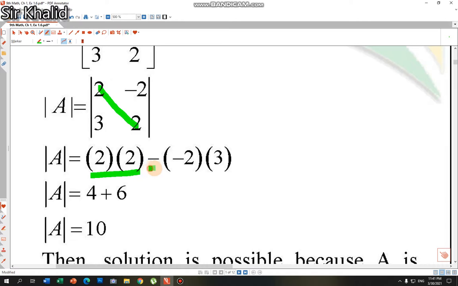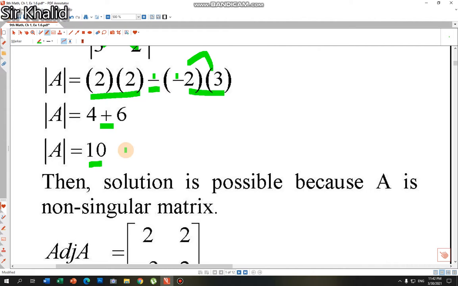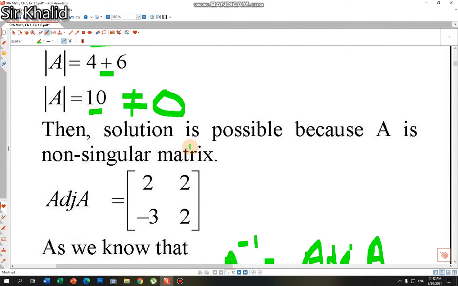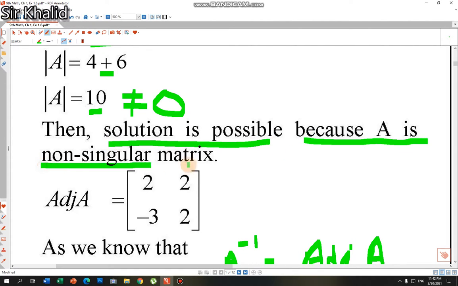This is the formula to calculate the determinant of a matrix, and here multiply minus 2 multiplied by 3, minus minus gives you plus 6. So 4 plus 6 is equal to 10. Note here that the value of determinant A is not equal to 0, so the solution is possible because A is a non-singular matrix.